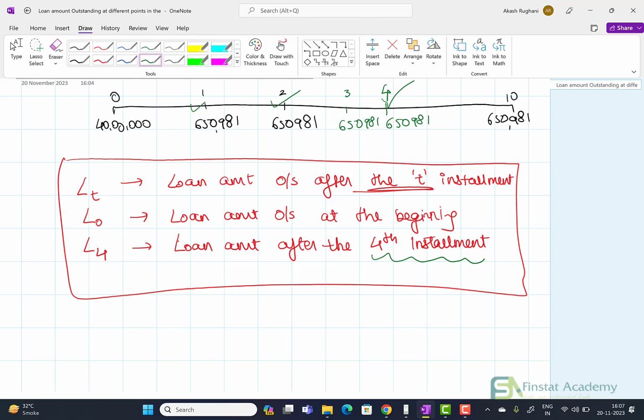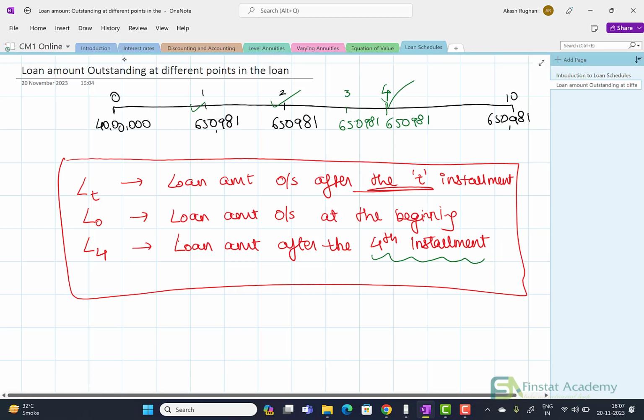Now, will my answer be different if it was advance? So let's say this was advance. Let's for the sake of example assume that the amount remains constant. So at time 0, it will be 6,50,981, 6,50,981 at time 1, 6,50,981 at 2, and finally 6,50,981 at 3.